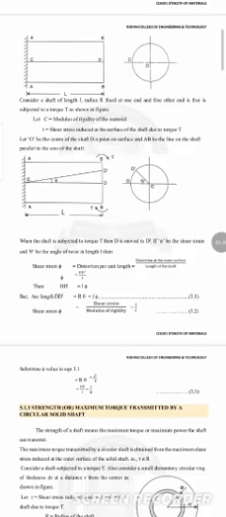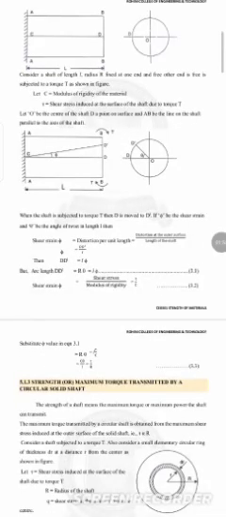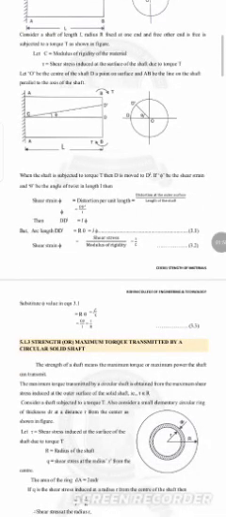The arc length is equal to R into theta, that is equal to L into phi. Therefore, the shear strain is tau divided by C. So, substituting the phi value in equation 1, we get phi equals tau divided by R.